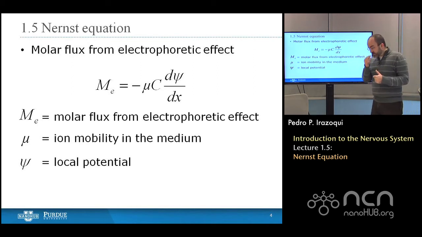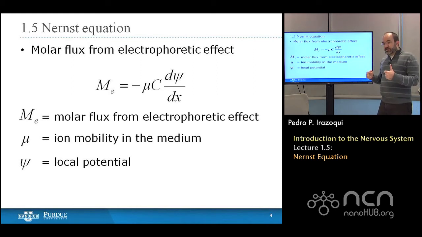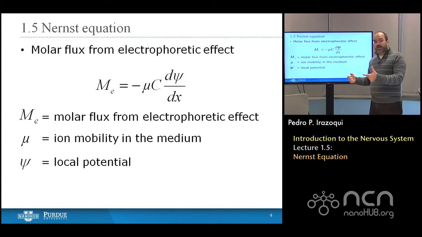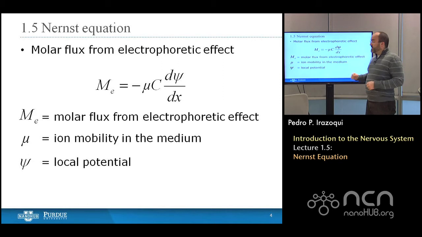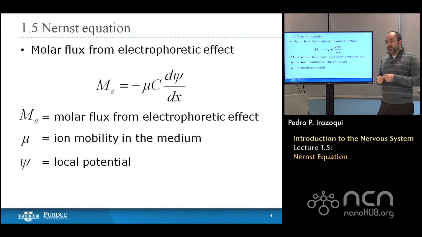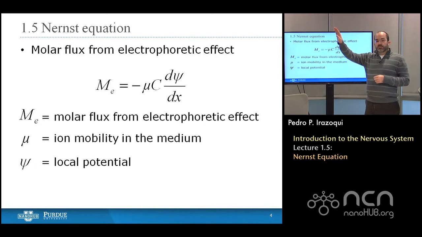Now, we expect this flow to be towards negatively charged ions, so towards negative voltages. If we look at the voltage inside the cell and the voltage outside the cell, we can classify those as local potentials. So the local potential psi, we take the derivative of that local potential psi, and the derivative will give you the slope. It'll be positive when you're going towards greater potentials.